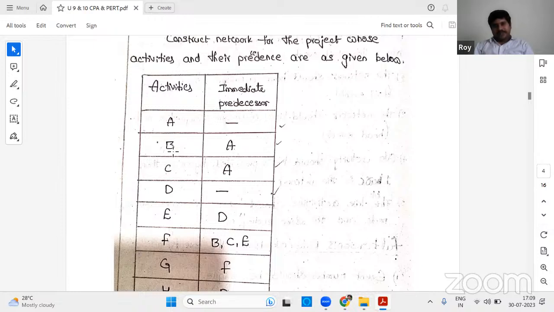And if you take B, what is the previous activity for B? Please respond. A. A, very good. And why doesn't D have a predecessor? Correct. D also doesn't have a predecessor because D is a starting point. It's very simple. A also having no predecessor means A is the starting.